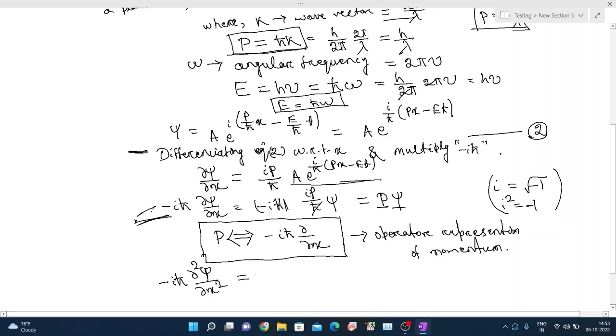And p already exists, so it is p into psi. So it will be i by h cross p square psi.